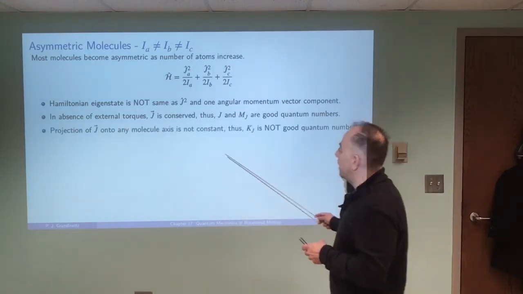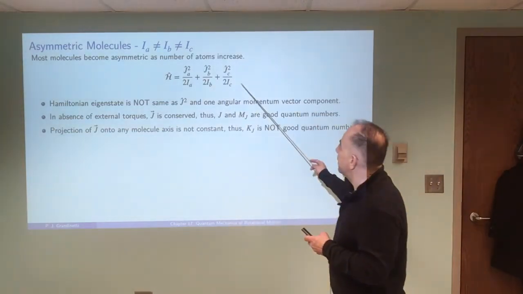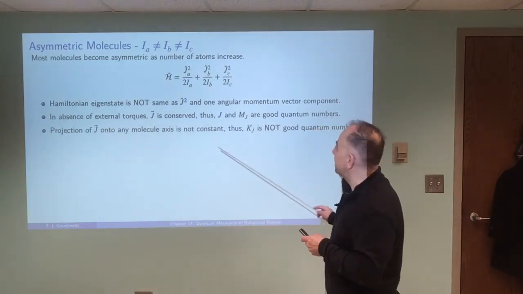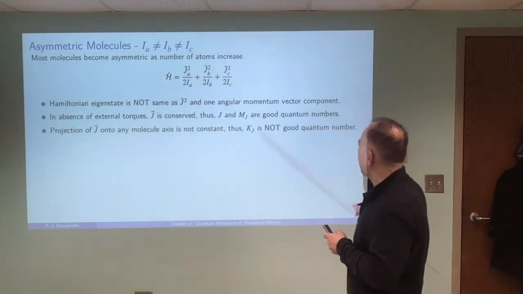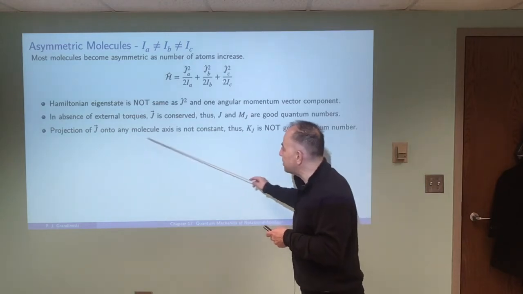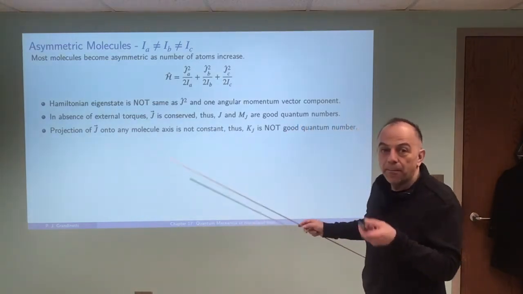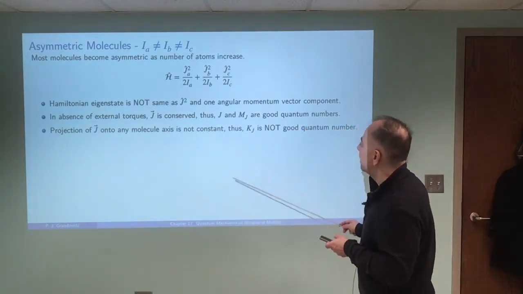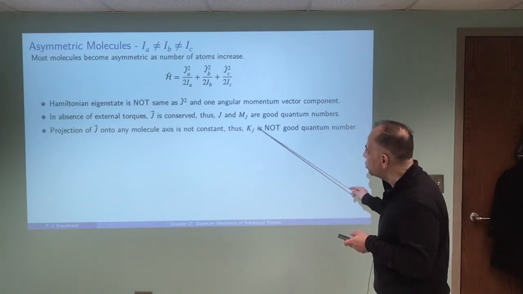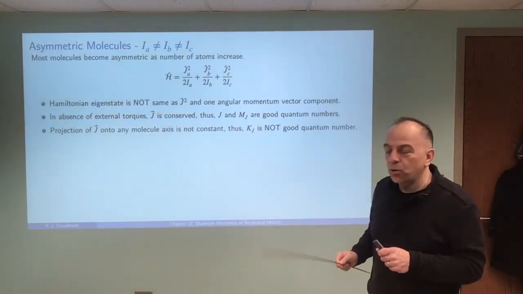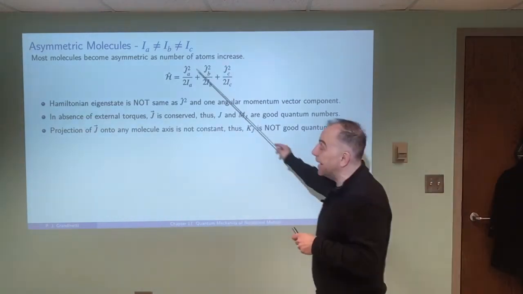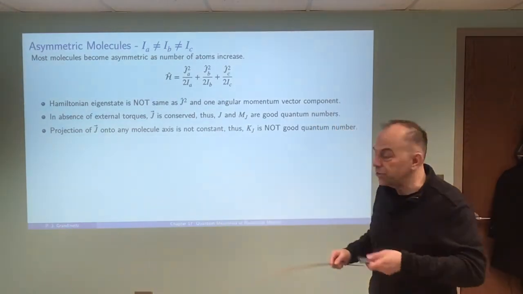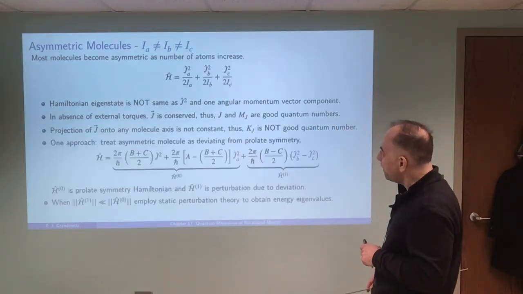But because this is not an eigenstate of J squared or one of the components, the projection of J on any of the molecule-fixed axes is not going to be constant, so KJ will not be a good quantum number in the asymmetric molecule rotational motion case.